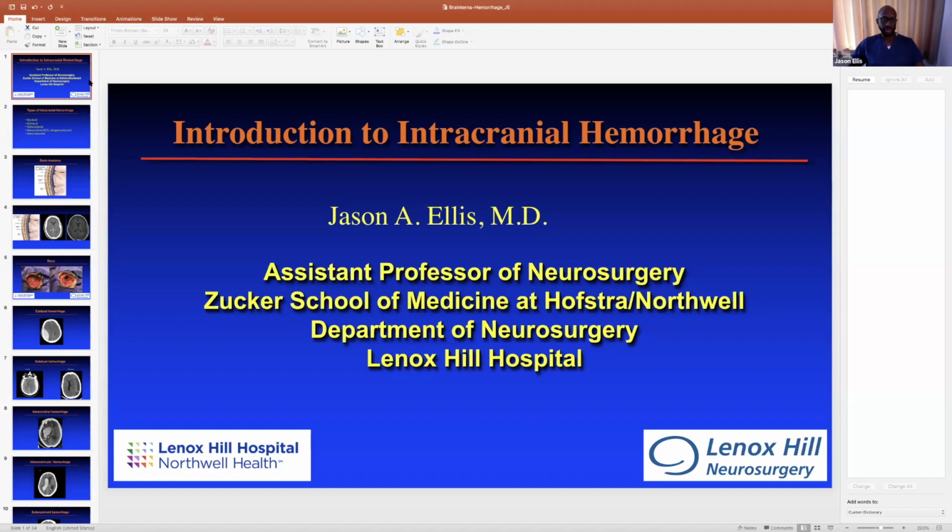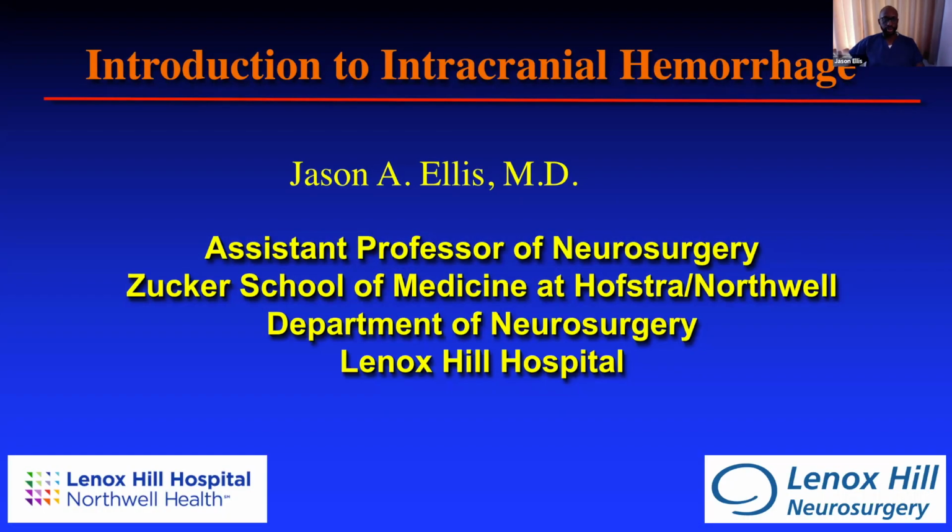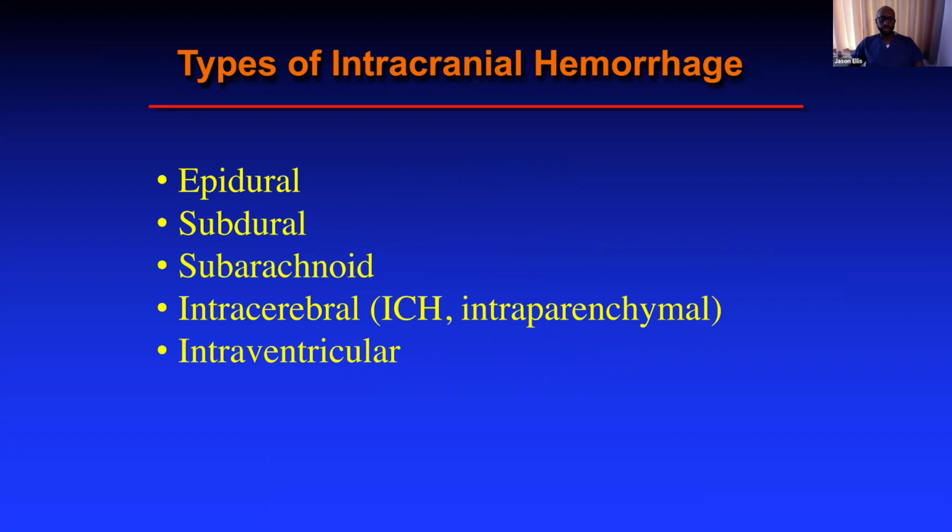First lecture in the cerebrovascular series is an introduction to intracranial hemorrhage. So let's just jump right into it. When you start talking about intracranial hemorrhage, that's a very broad category of brain bleeding, okay?